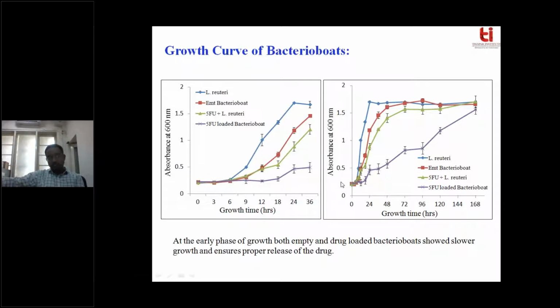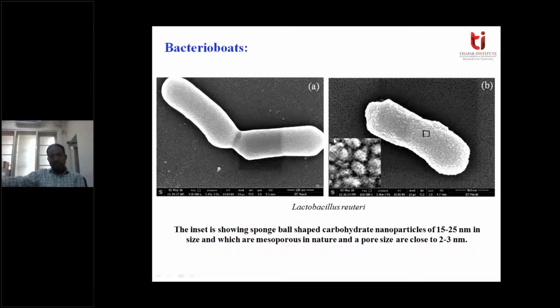But when you keep this experiment going, this is 168 hours data, you can see the bacteria has reached the maximum growth level for all the curves. Obviously, drug-loaded bacteria took longer. Now this is actually very advantageous to us, because this picture also shows the diameter of the bacteria, just 12 hours after loading.